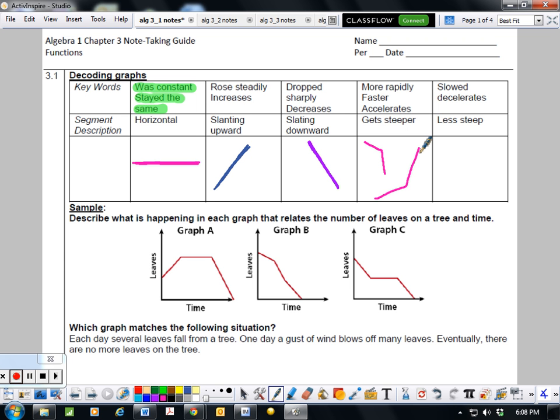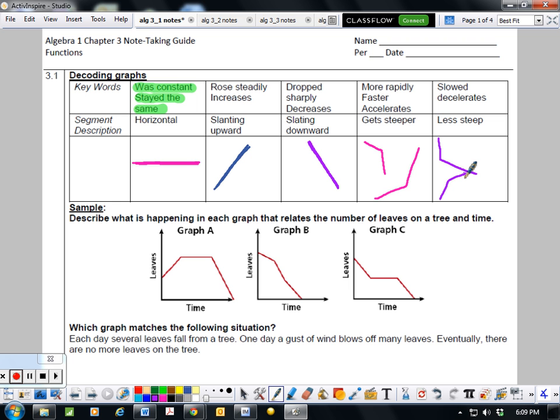And then we have "decelerate," so then it's going to get less steep. So we may be going really fast and then we slow down. Or we may be going really fast up and then we slow down, less steep. And that's our decelerates or less steep.